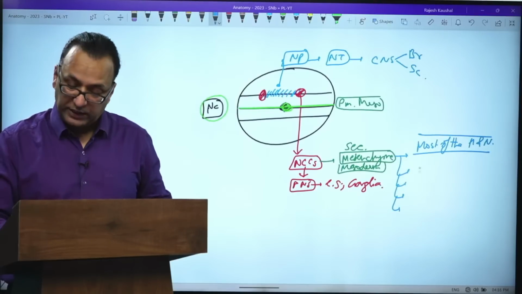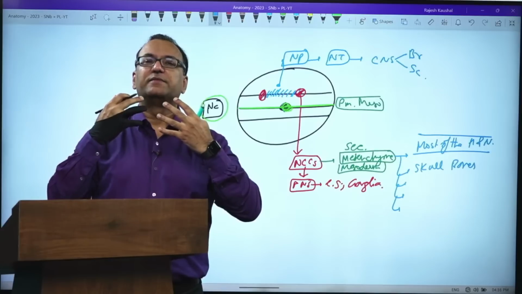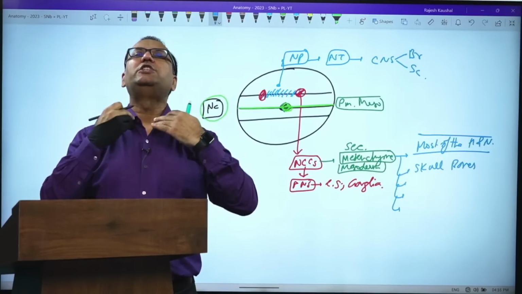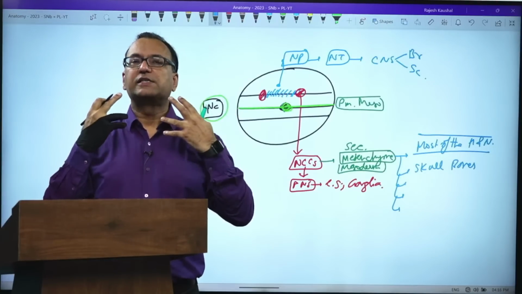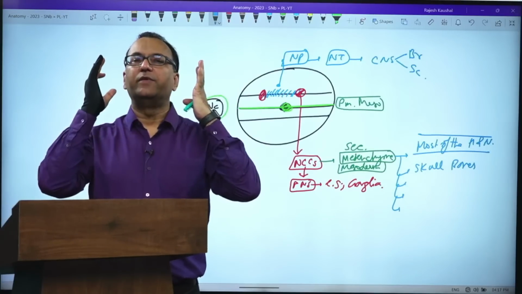Like most of the skull bones, especially the facial skeleton, anterior and lateral, the mandible bone, the hyoid bone, pharyngeal arch bones, they all come from neural crest cells. The mesoderm in this region is mostly secondary mesoderm.